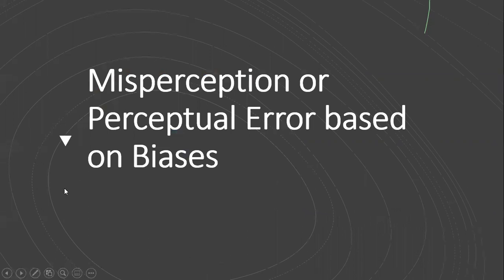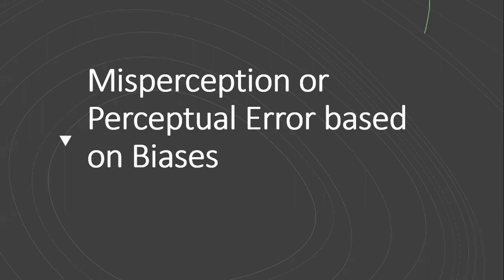So now there are cases where you might perceive something in the wrong way. You understand? You are seeing something and you are feeling that, okay, this thing is good or this thing is bad, and you are feeling it in the wrong way. Why? Because you have some previous biases. Biases are previous preconditions that would shape your perception.